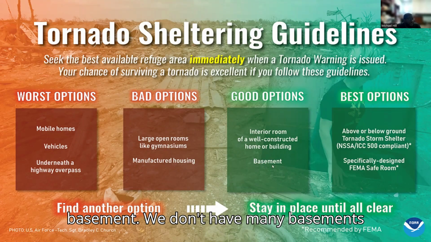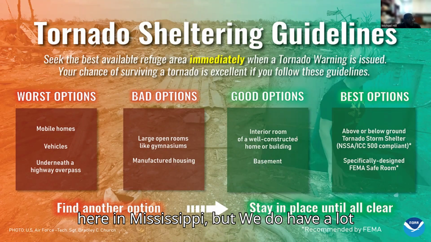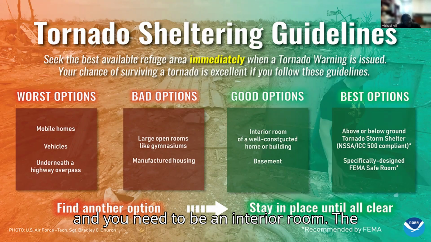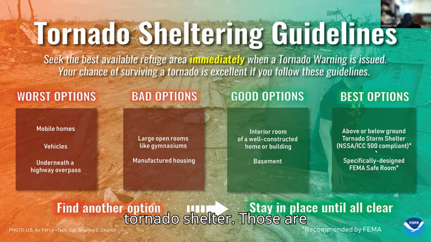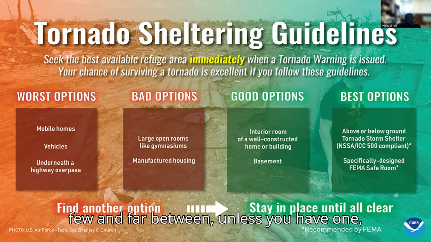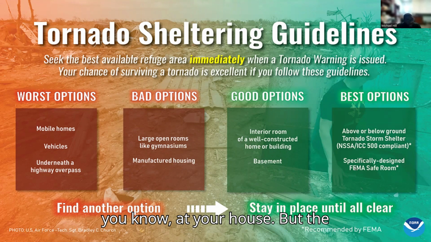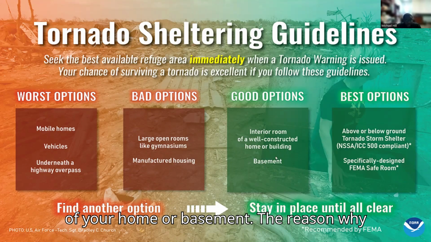We don't have many basements here in Mississippi, but we do have a lot of well-constructed homes and buildings that need to be an interior room. The best option is an above or below ground tornado shelter. Those are few and far between, unless you have one at your house. But the best thing is a well-constructed building, interior room of your home or basement.